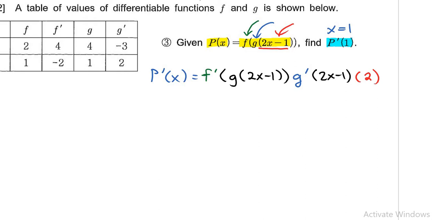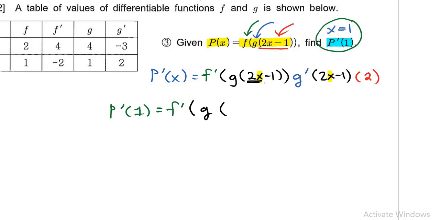Okay, so after that, I need to evaluate this when x equals 1. So this will be p prime of 1 equals. So anytime I see an x value, those x values will be replaced with the value of 1. So this will be f prime. This is going to be g bracket. Well, if I plug in 1 here, that's going to be 2, right?